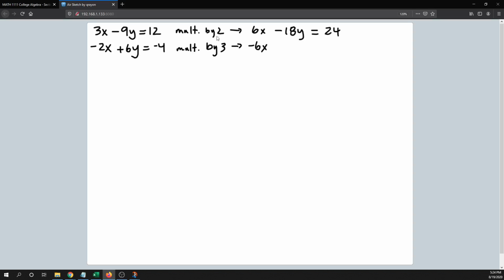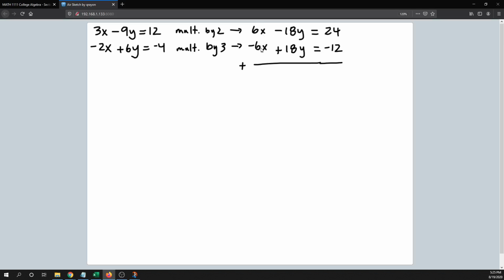And then multiplying the rest of the terms in the second equation by 3, I have 3 times 6y will give me positive 18y, and 3 times negative 4 will give me negative 12. So again, I've set up that situation where these coefficients are opposite of each other. And once you do that, then what you want to do is to add the two equations together.